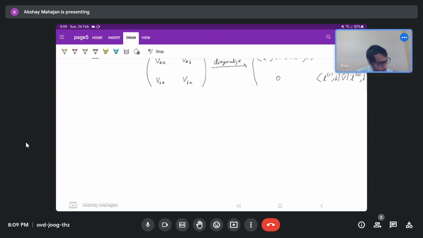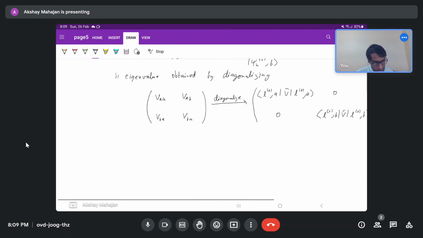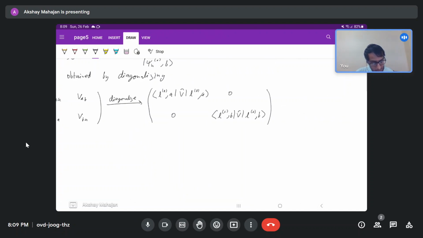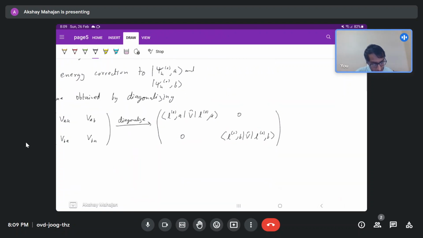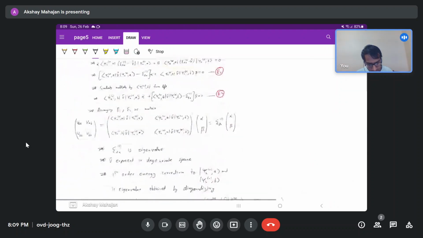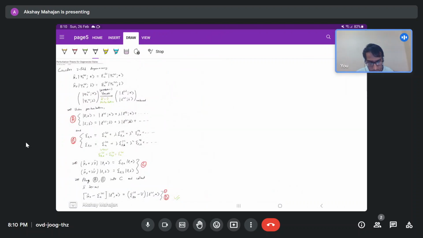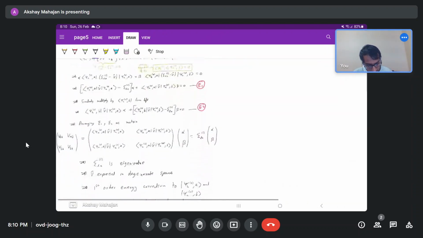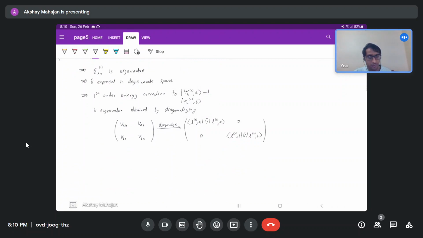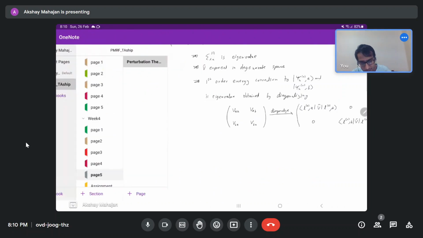And the resulting values we can find. This will be our energy eigenvalue in this form. So instead of the D-fold degenerate case, we have proved it for the 2-fold degeneracy to understand it better, and we got a similar kind of result as in the D-fold case.